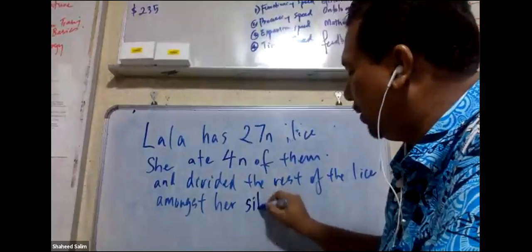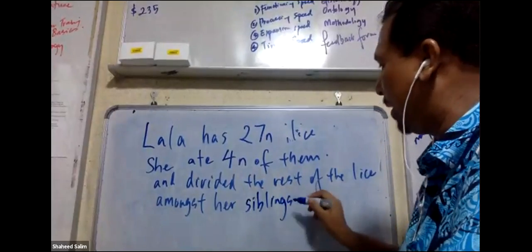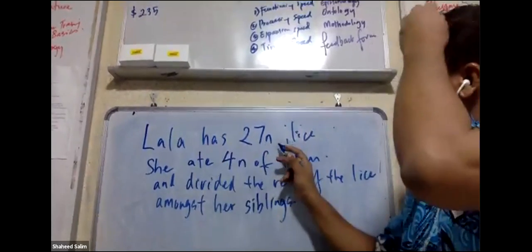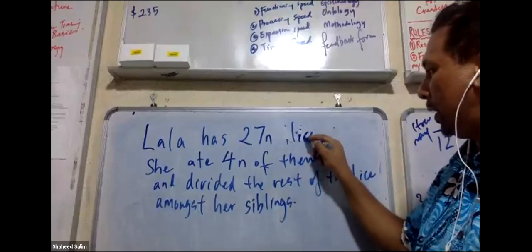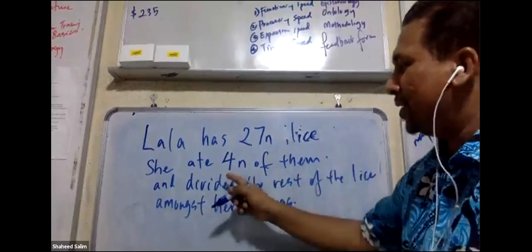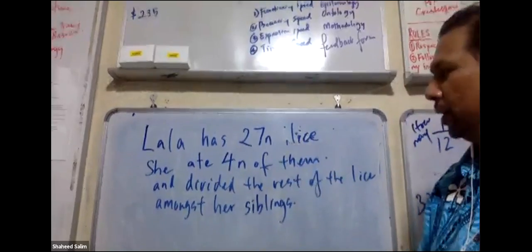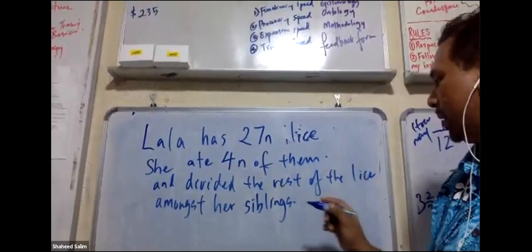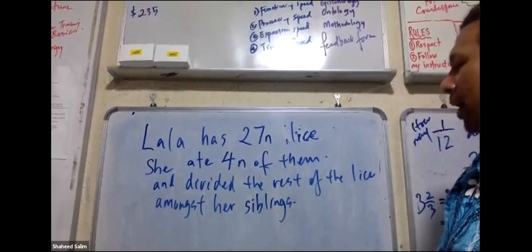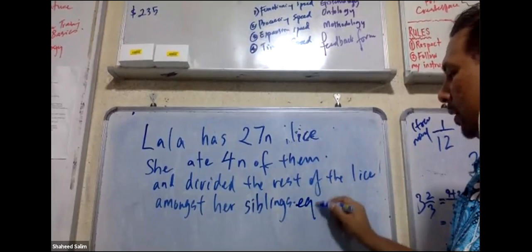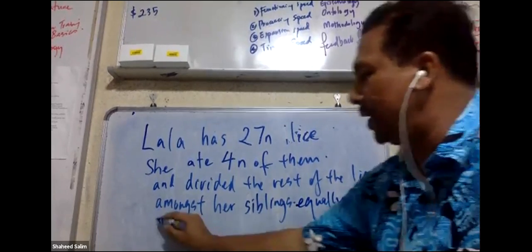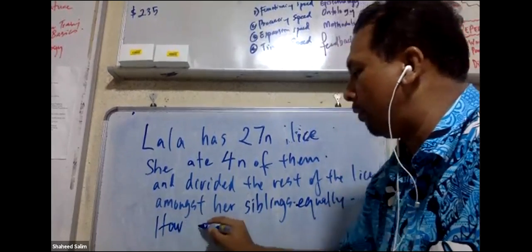You know, orangutan eats lice, right? So Lala has 27 lice. I do not know on her body or whatever. She ate 4 of them and divided the rest equally among her siblings. Okay, how many siblings did Lala have?